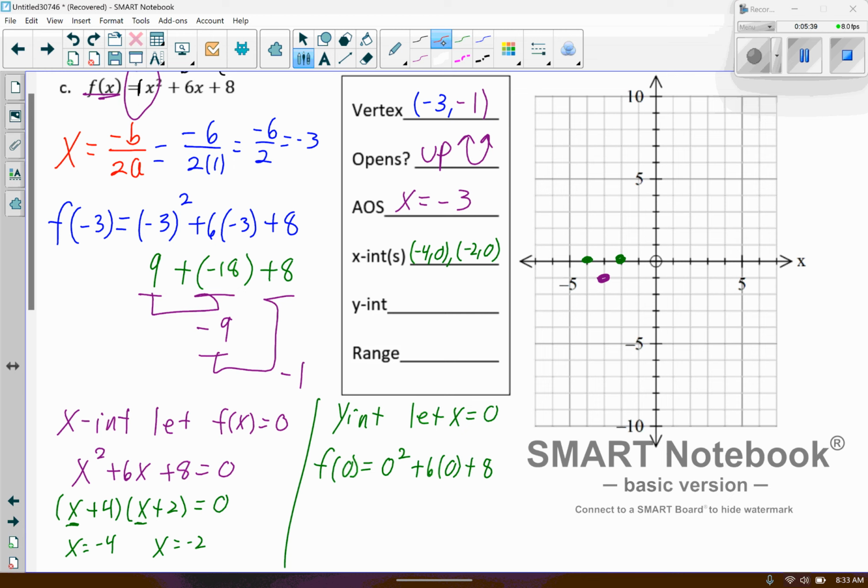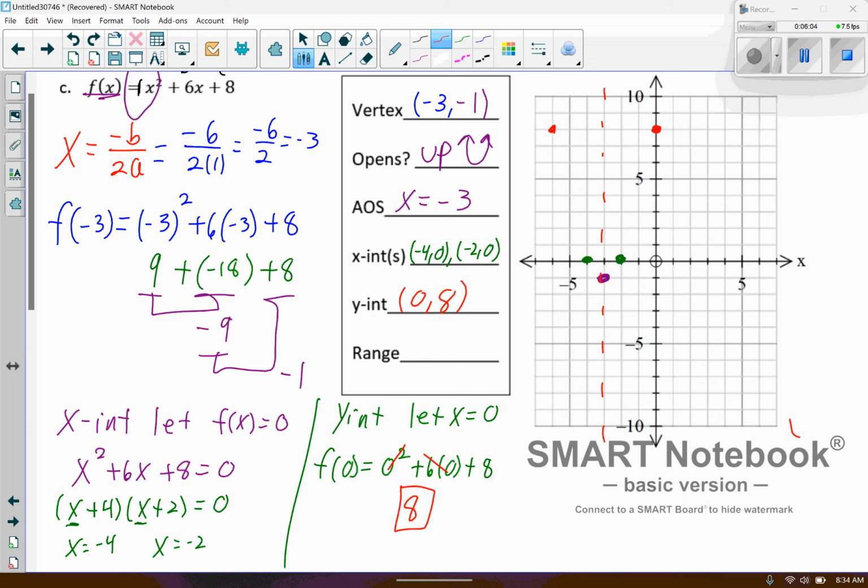And so what happens is, 0 squared is 0, 6 times 0 is 0. I'm left with just the 8. So when I let x equal 0, y equals 8. So that's going to be way up here at 0, 8. And then if I were to put the line of the axis of symmetry, I could reflect that across, and I could find an additional point over here.